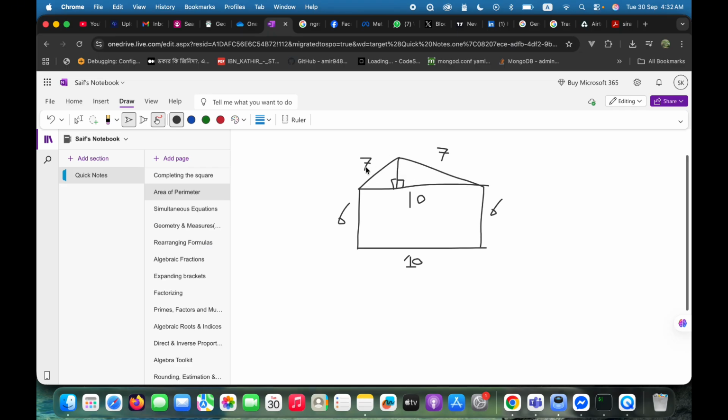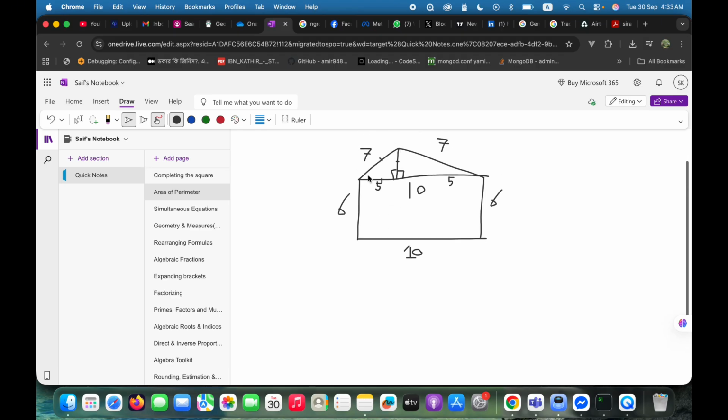Because this is perpendicular, it divides the edge equally. So this is 5, this is 5, even though my diagram is not accurate. According to the calculation it will have 5 and 5. I know the hypotenuse and the base, so I can figure out the height using Pythagoras, because this is 90 degrees.